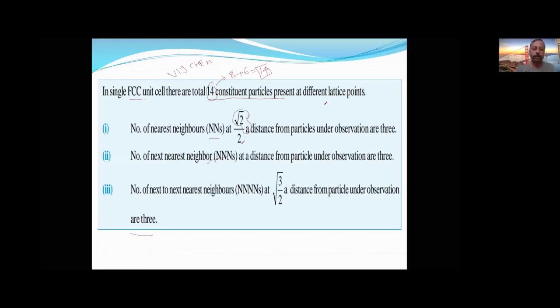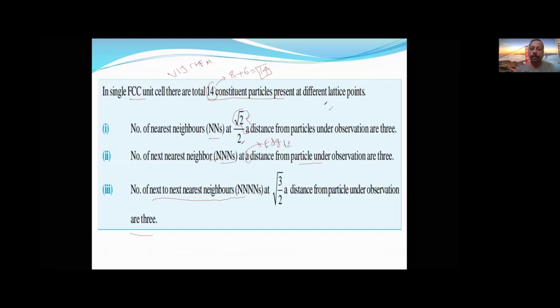Next, the next nearest neighbors are at a distance from the particle under observation. Then the next to next nearest neighbors will be root 3 A by 2. This will actually be A distance. A is what? Edge length.